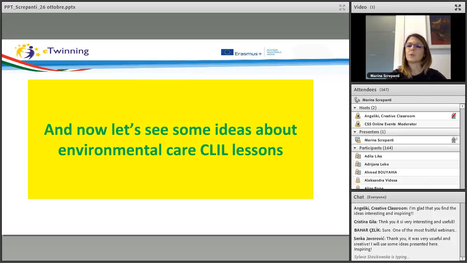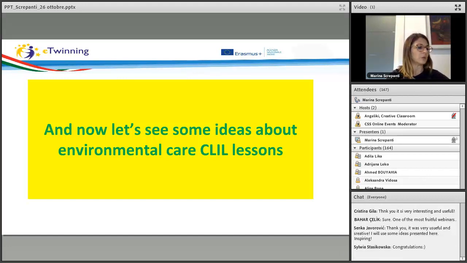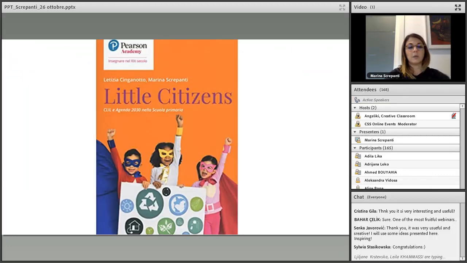But you can also use it in secondary school, because you can just hide the level. Why is this book interesting? Because normally in CLIL it's very difficult to plan the activities. In this case, I started from the, I will show you.